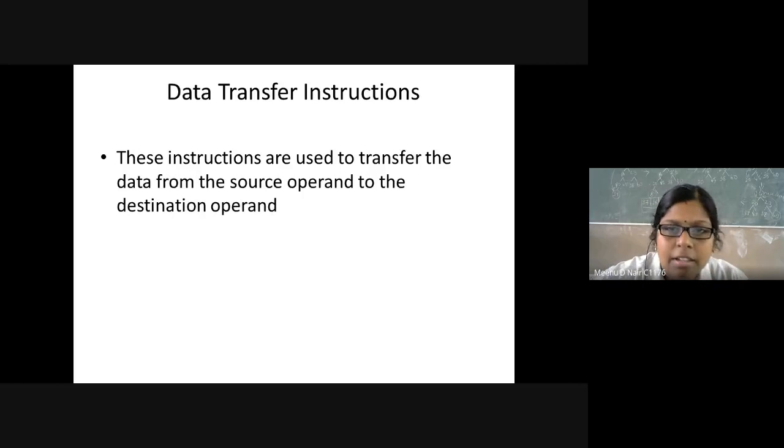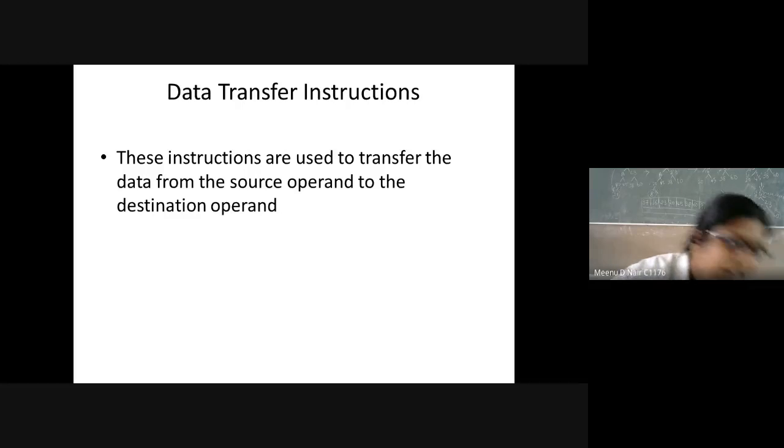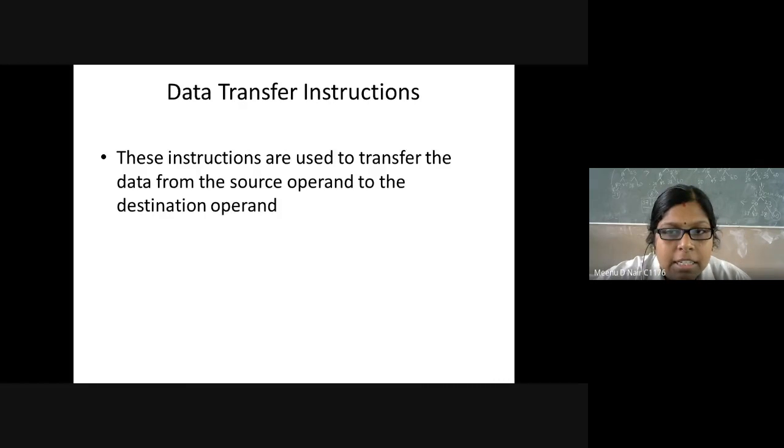We will see them one by one. What do you mean by data transfer instruction? Data transfer instructions are used to transfer the data from the source operand to the destination operand.